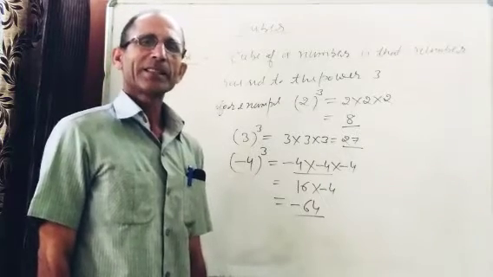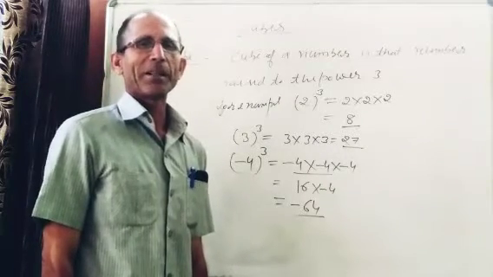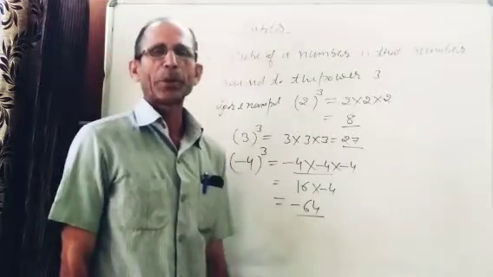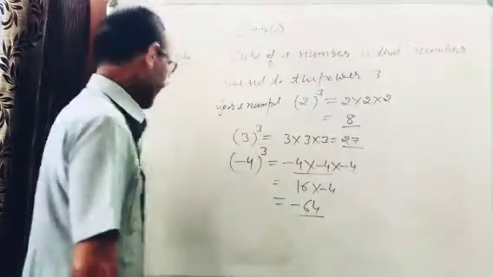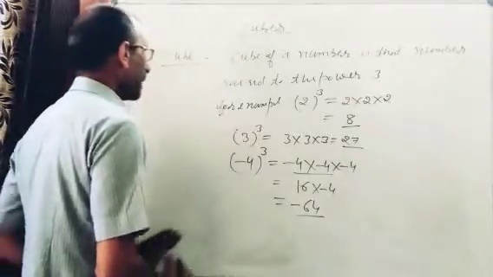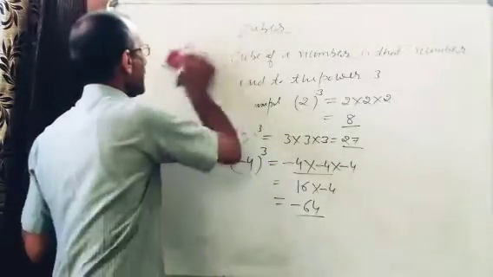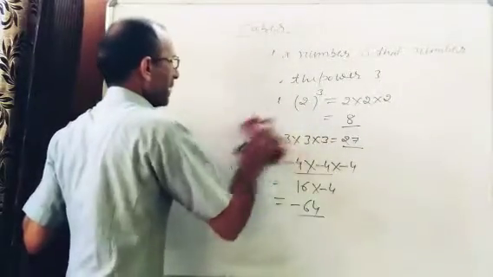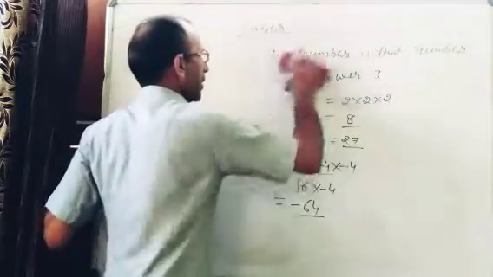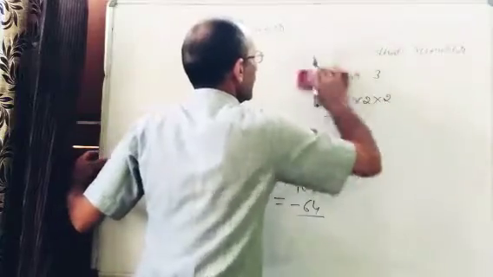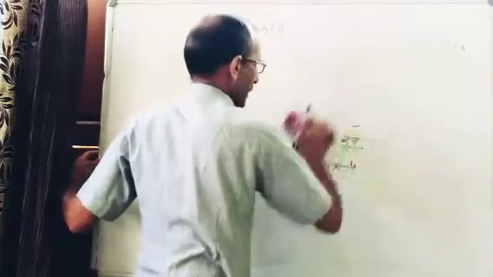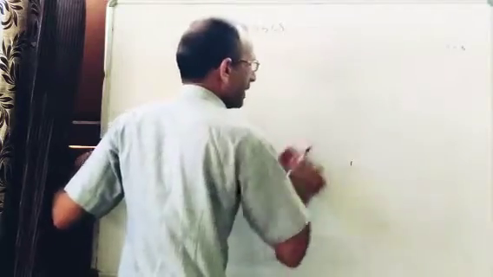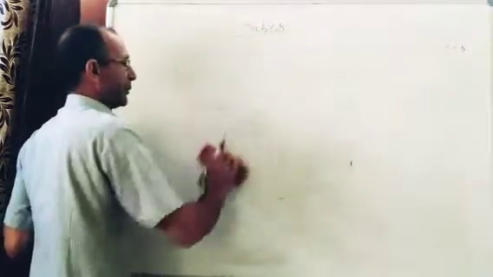So, to check whether the given natural number or any number is a perfect cube or not, you have to keep these points in your mind. And how will you check whether the given number is a perfect cube or not?